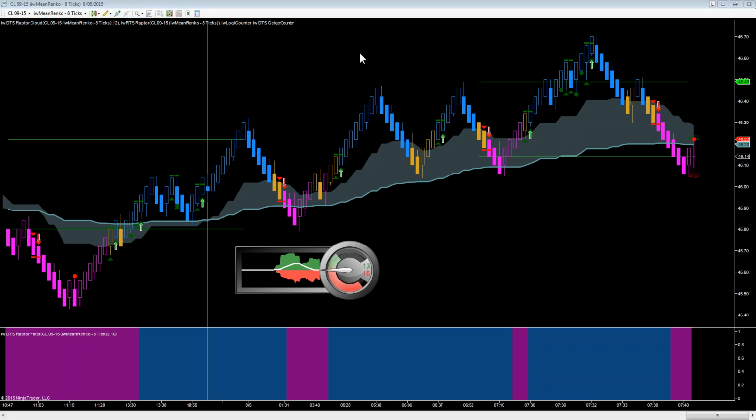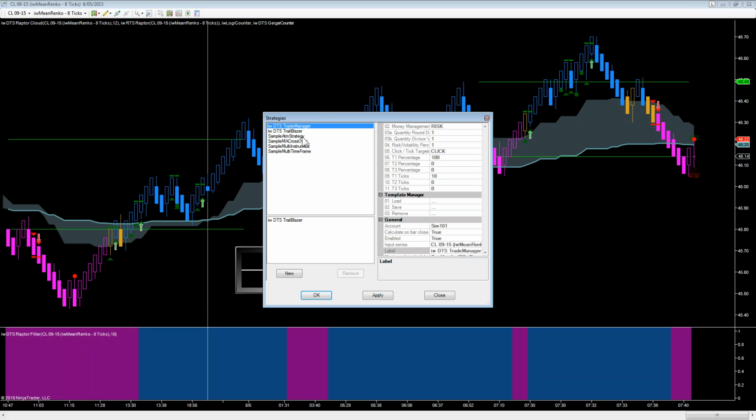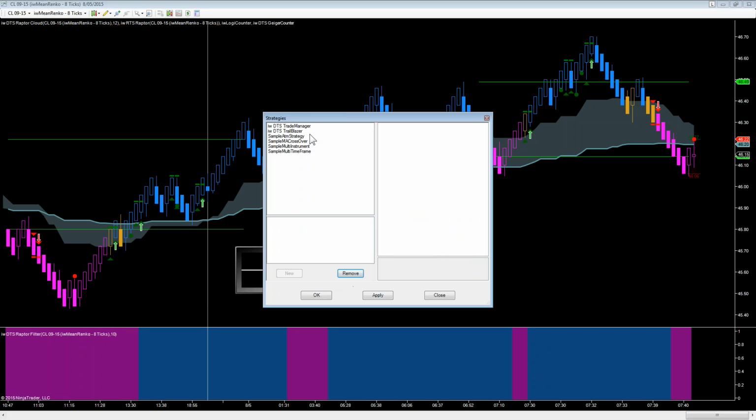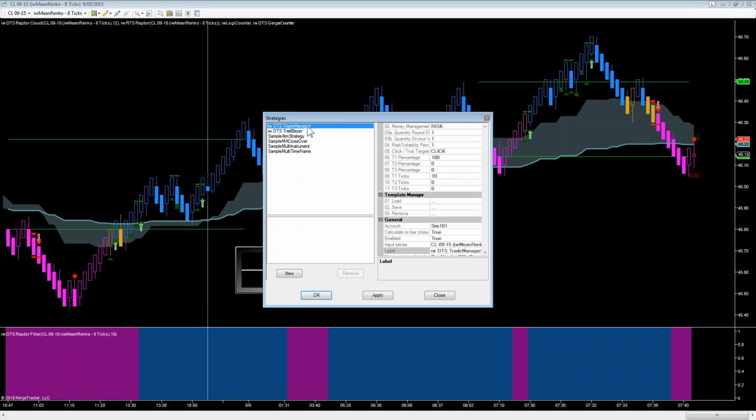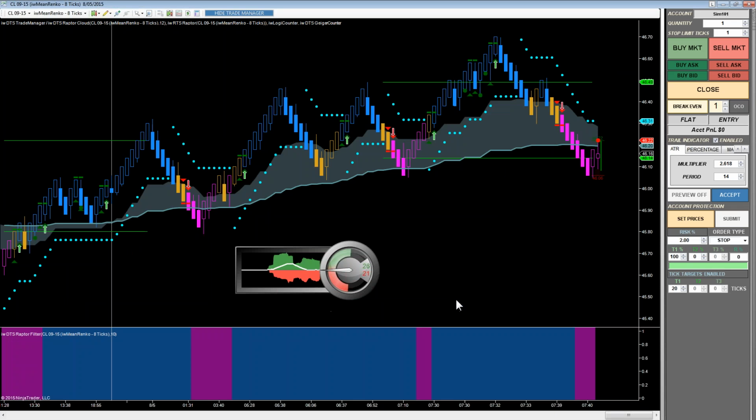So here's the Raptor. Debbie was asking about putting the trade manager on the Raptor. So currently I have the Trailblazer set to go on there, but I can put the trade manager on here. And I've got some preloaded templates just to make the setup a little easier. Once you set up the parameters the way you want, you can save them as a template.